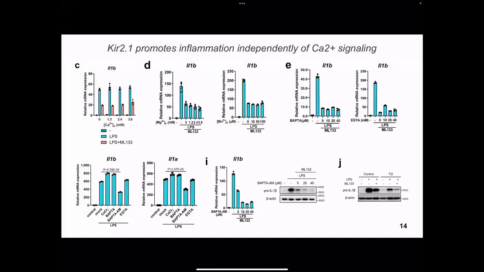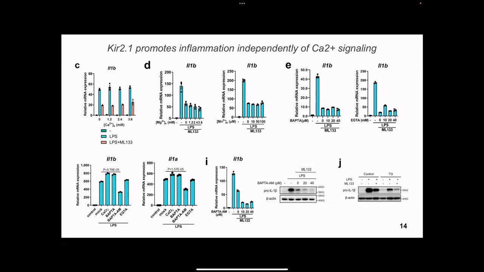So we next considered the possibility that KIR2.1 promotes inflammation by modulating calcium-dependent signaling, because the potassium-mediated membrane potential can indirectly affect calcium flux. However, the ML133-induced IL-1 beta suppression was independent of the concentrations of extracellular calcium or other divalent cations.